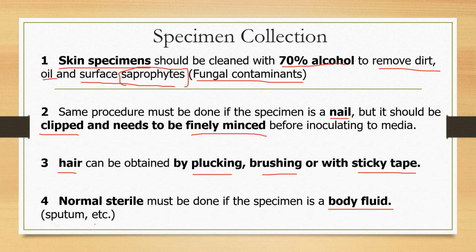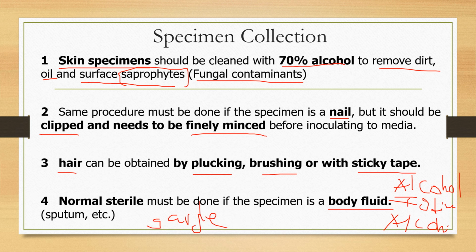So if it's a sputum, etc. When you say normal sterile procedure, class, make sure that you gargle first. If you want to collect sputum, gargle muna, you gargle first, then you collect. If it's a body fluid, make sure you clean the site of puncture first with alcohol, iodine, and then alcohol.